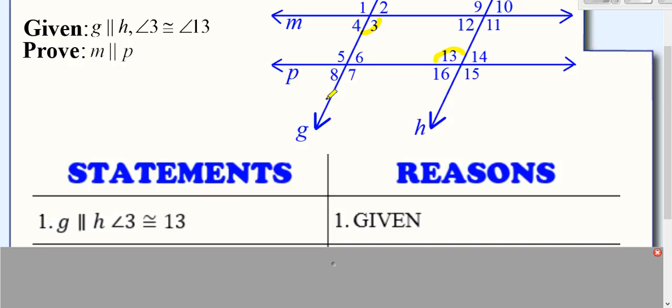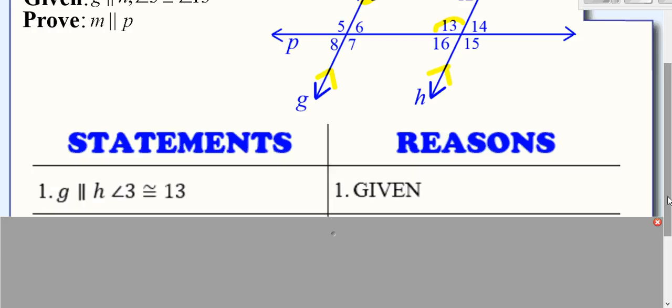But we also know that G and H are parallel. So since we've got parallel lines, that means we have all those angle relationships like alternate interior, same side interior, corresponding, whatever we want.